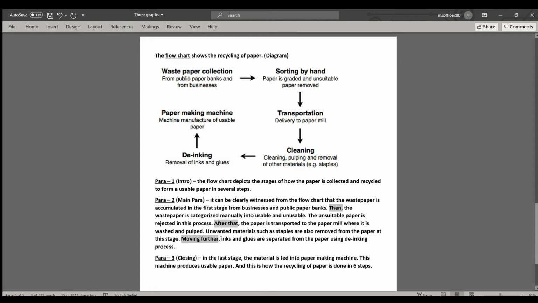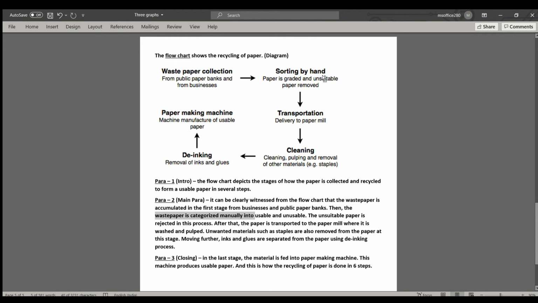Look. And in closing also, I've mentioned in the last stage. So this is the importance of using these simpler words in this manner so that the examiner can feel the clarity of your task. So I have written, then the waste paper is categorized manually.